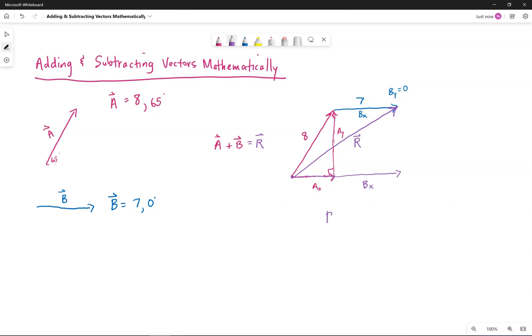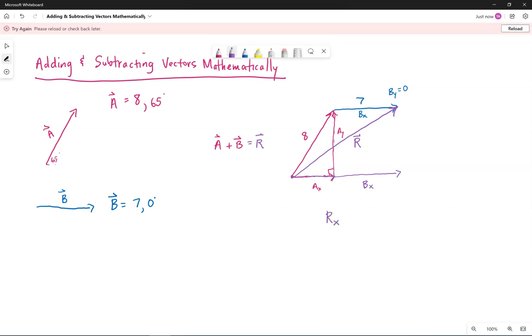And ultimately, we can say the x component of this resulting vector is simply the x component of vector A plus the x component of vector B. Similarly, the y component of our final answer is calculated by adding the y component of vector A, that's over here, to the y component of vector B, which in this particular case happens to be 0.